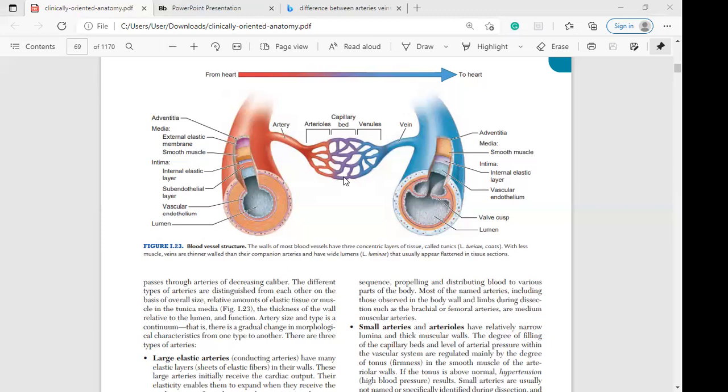What do you think is the function of the tunica adventitia? I think it's protection. So it's protecting everything else that you find in the blood vessel. It's protecting the smooth muscles and the endothelium.